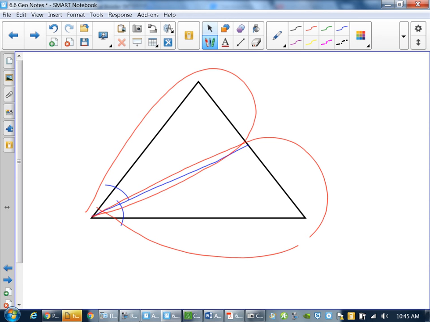So, in this case here, notice both sides of the heart create fractions. A over B, C over D. The trick is, you always start where the angle is being bisected.